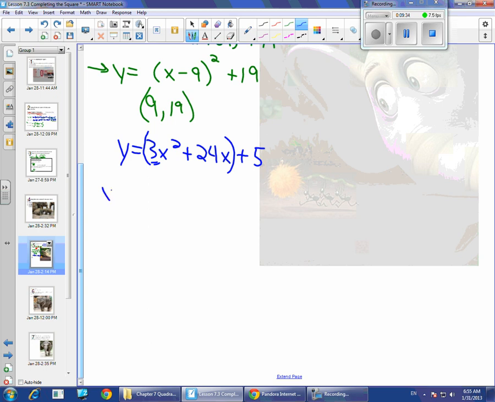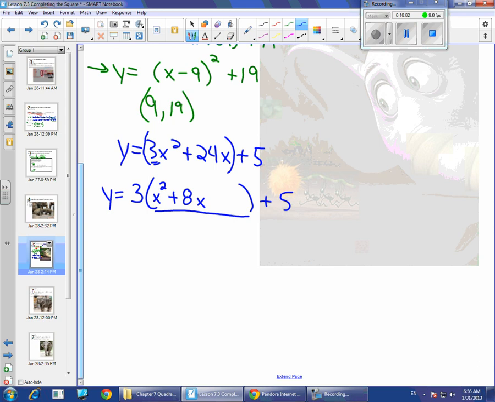So y equals 3 times the quantity x squared plus, and now again I'm dividing both of these by 3, so that's going to turn into 8x. I'll leave a little space here to save some room, and then I'll have the plus 5 on the outside of that. Now this right here is the expression I'm going to do the completing the square on.